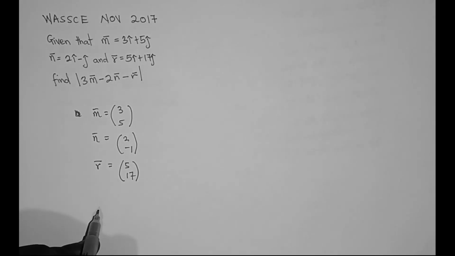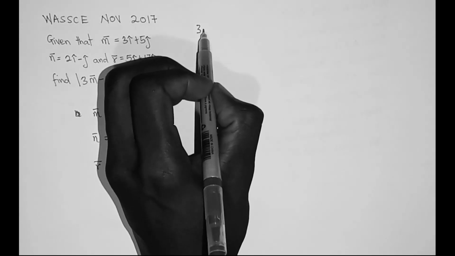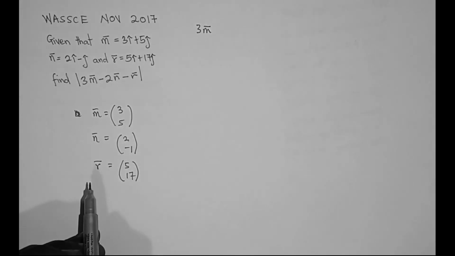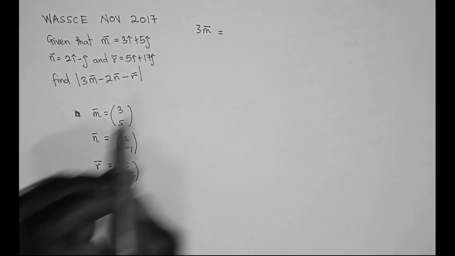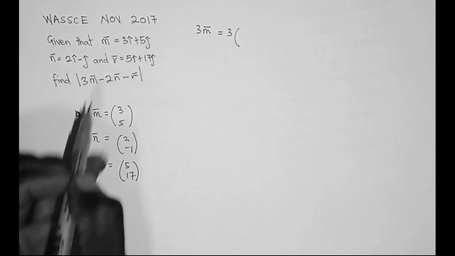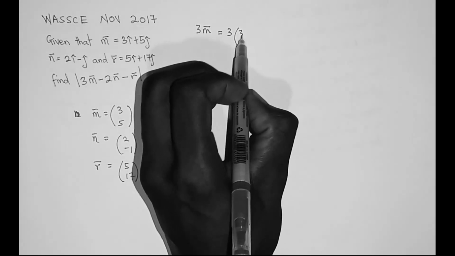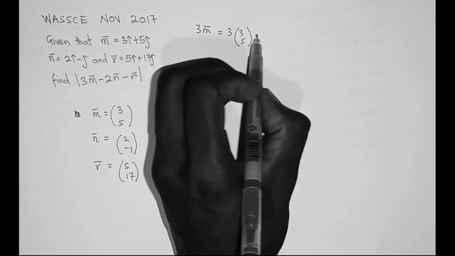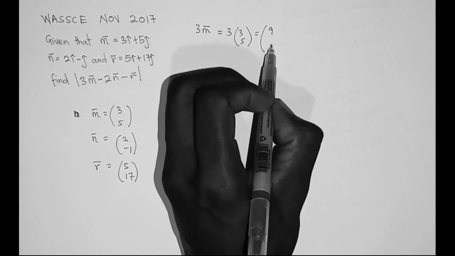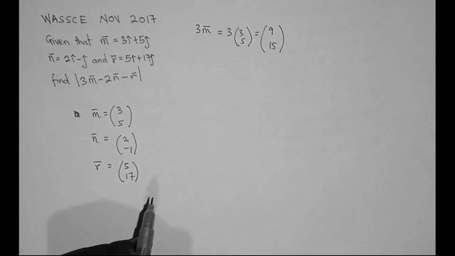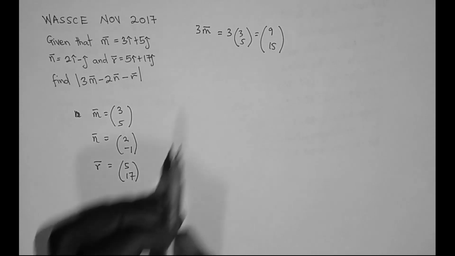So let's first find 3m. So 3m is 3 times vector m, which is 3 times 3, 5. And that is equal to 3 times 3 is 9, and 3 times 5 is 15. So 3m is 9, 15.